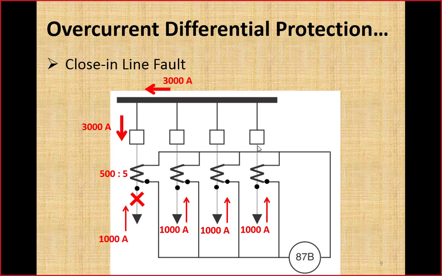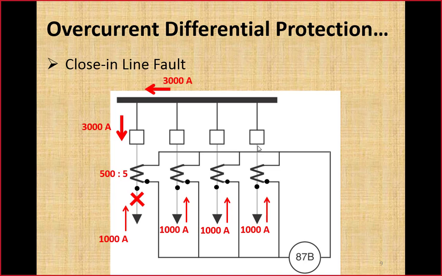Now these four circuits are not carrying equal current, or comparable current with respect to each other. The first circuit is carrying 3000 ampere through its primary. Second, third and fourth circuits are carrying 1000 ampere each through their primary circuit.